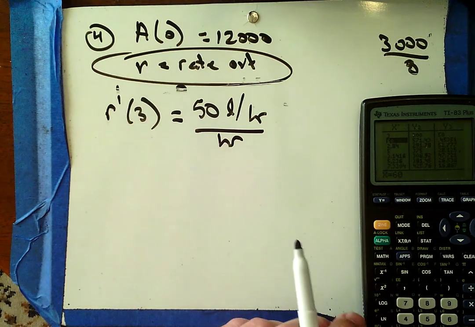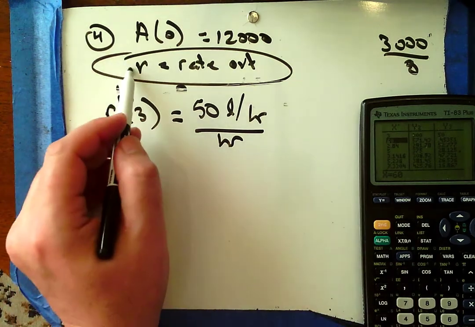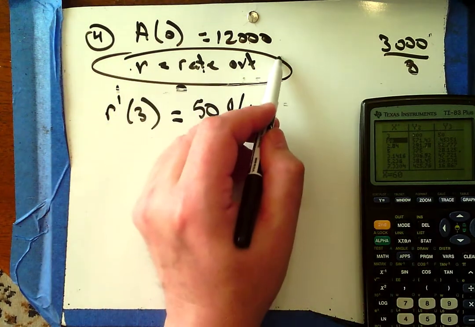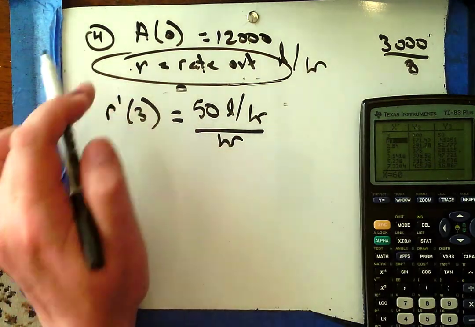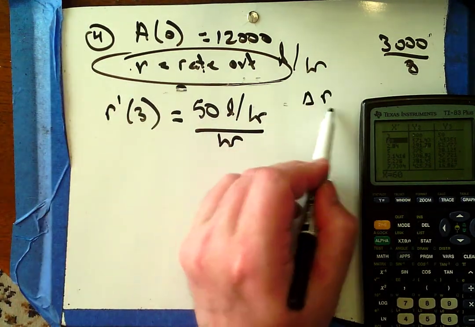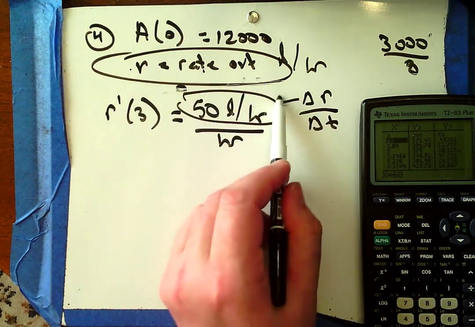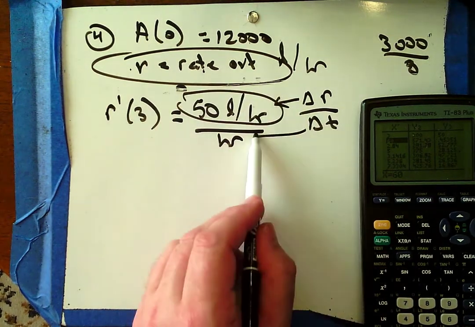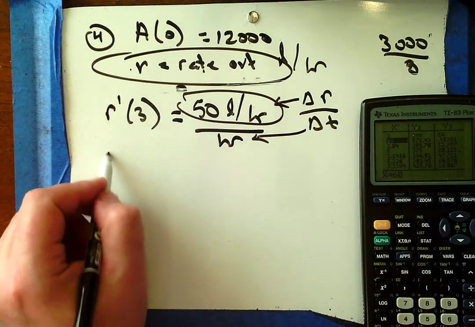It seems like the amount is increasing. Remember, R was a rate function in liters per hour. So R prime is the change in R over the change in time. It's liters per hour, change in R, over change in time, hours. So there's my R prime, 50 liters per hour. And what does that mean?